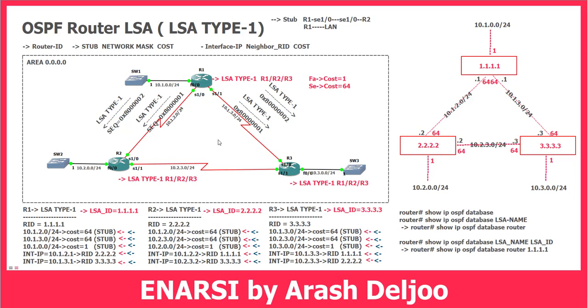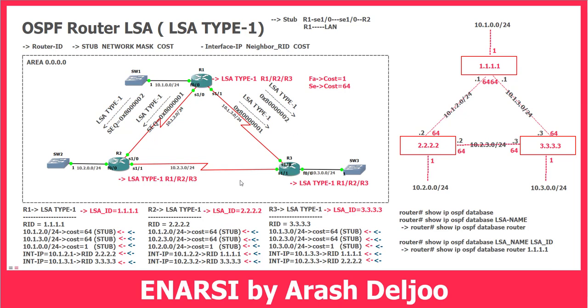for example, LSA type 2. But in this video, we have learned about the details and content of LSA type 1. Also, we can create one topology with LSA type 1 ourselves, and this is so important. Now it's your time. You need to create one network.